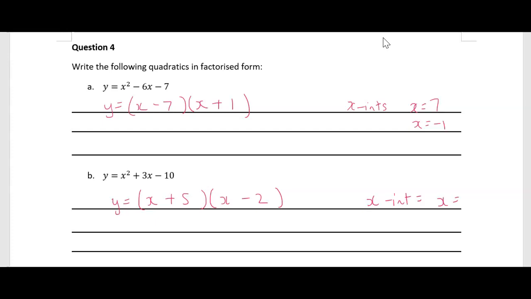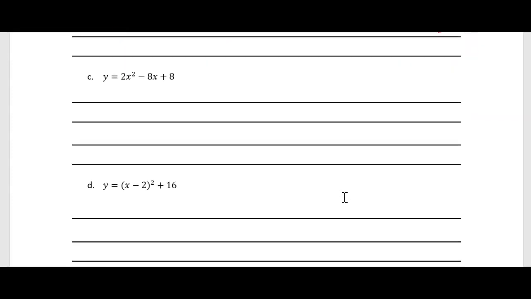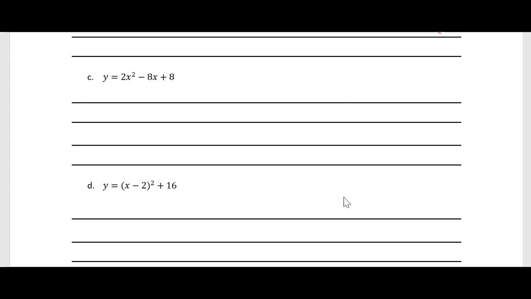So your x-intercepts for this one are x equals -5 and x equals 2. Now, next one. Whoa, we don't have a non-monic, but that's okay. And I've just looked ahead and we can't actually factorize the next one.